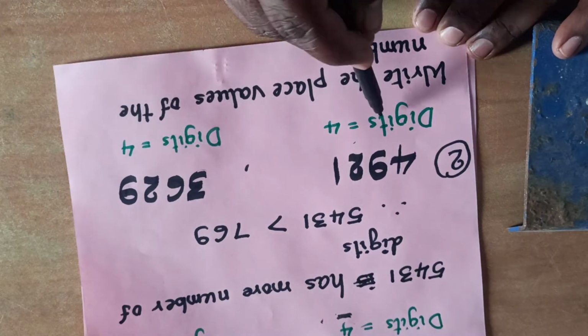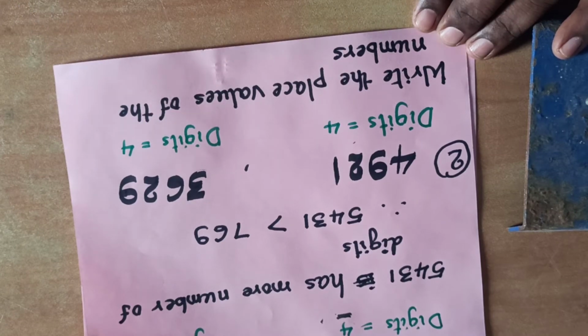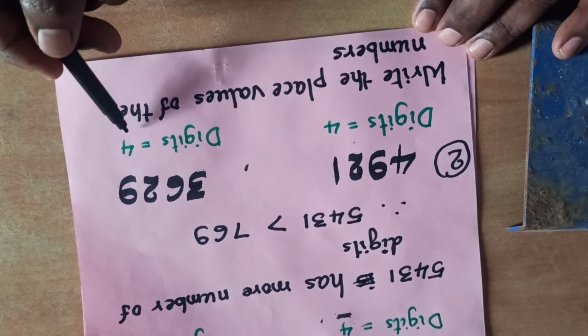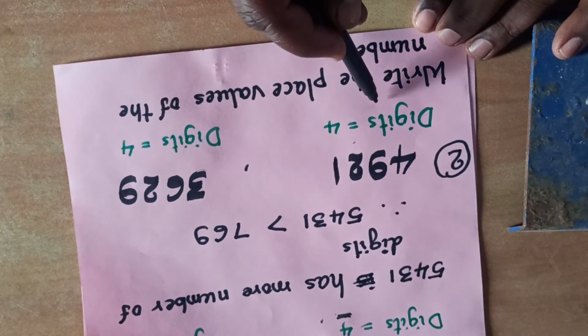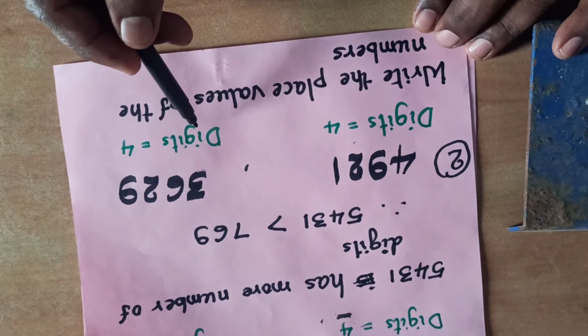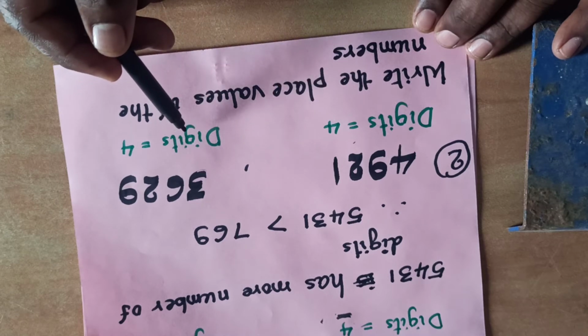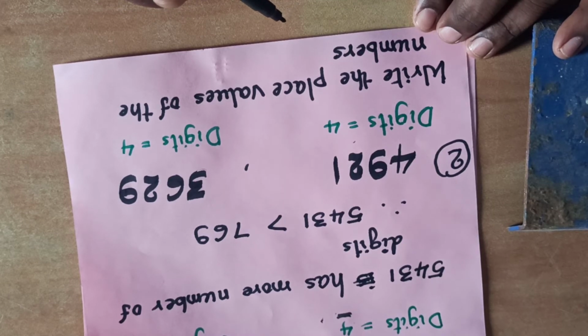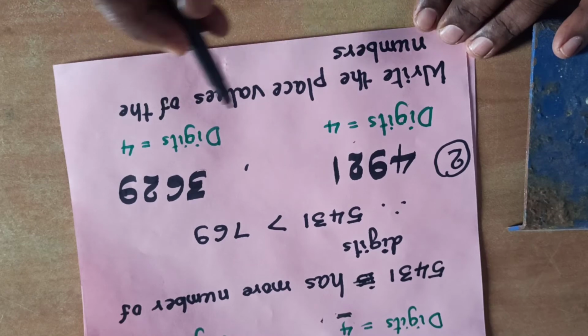If the digits in both numbers are equal, look here: in this number digits are 4, here also 4 digits. Both numbers have an equal number of digits.